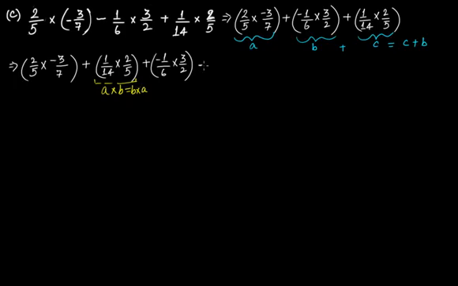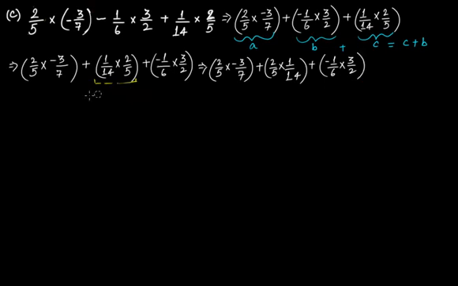So if we apply that, this becomes 2 over 5 times minus 3 over 7, and then this is plus 2 over 5 times 1 over 14 plus minus 1 over 6 times 3 over 2, right?